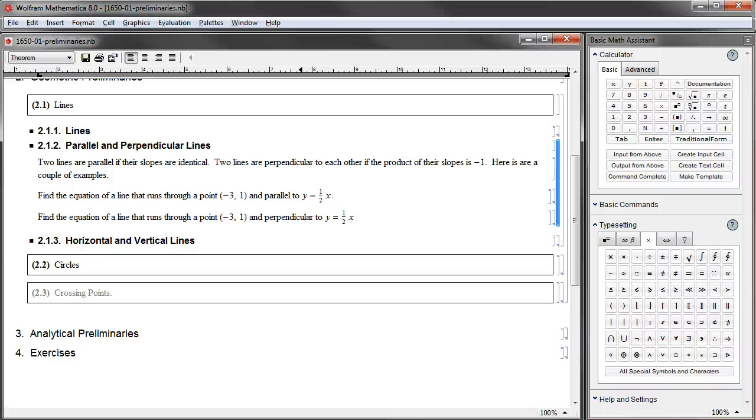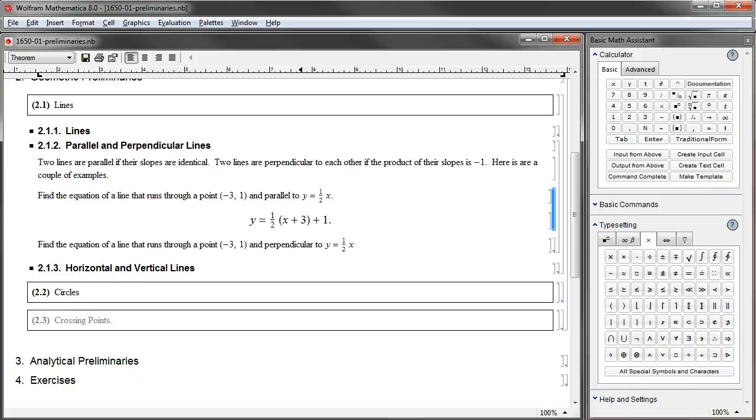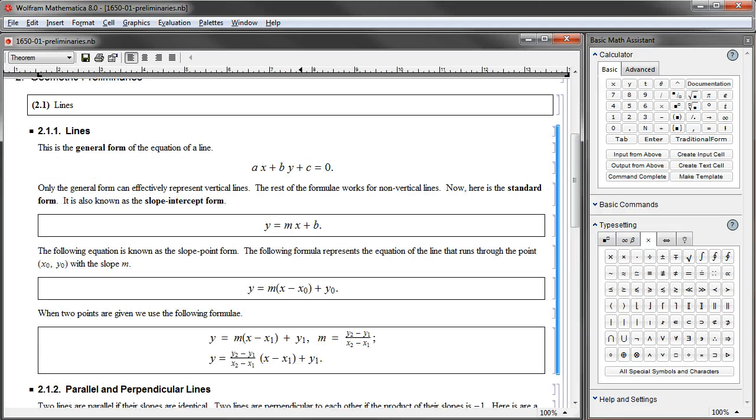Okay, this next example, what if we have parallel lines and perpendicular lines? I'm not going to talk about perpendicular lines, just parallel lines. Parallel lines share the same slope, so it has to have the same slope as the second line, 1/2, and then running through negative 3 comma 1. So plug it into the slope-point equation, which is this equation over here.